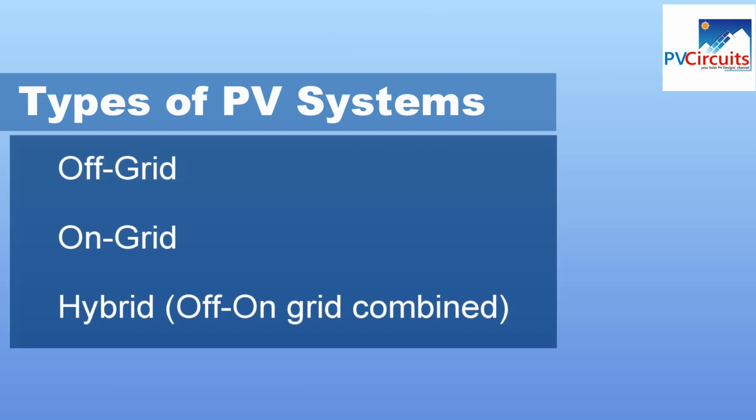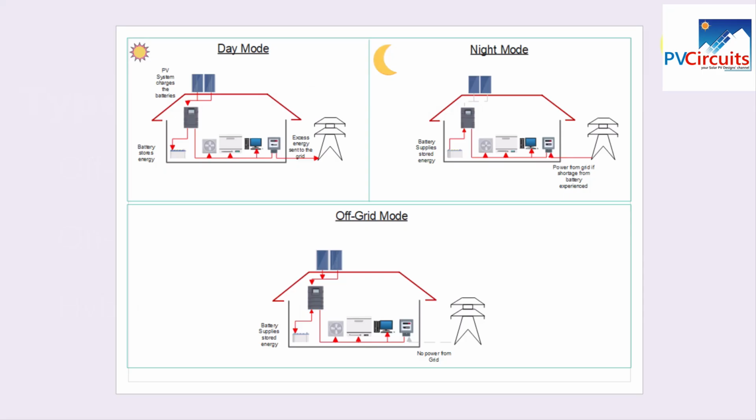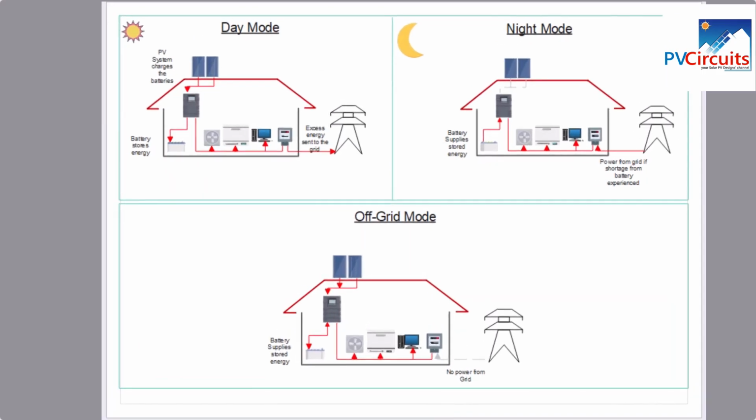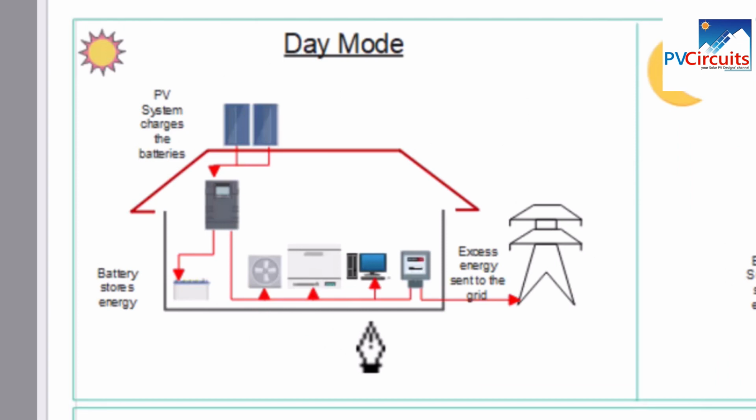Moving further, we have 3 particular systems for PV power, and our interest is in the hybrid system, which is a combination of the off-grid and on-grid systems. In the hybrid on-grid connected system, we have 3 clear modes of operation, and we start with the day mode. In the day mode, the PV is producing power and passing it on to the inverter, which then charges the battery.